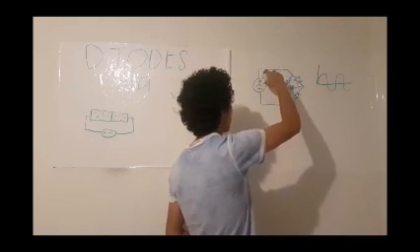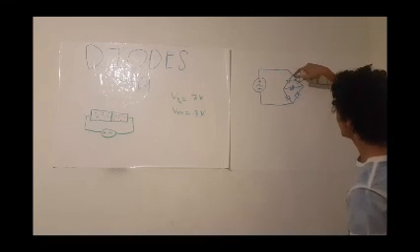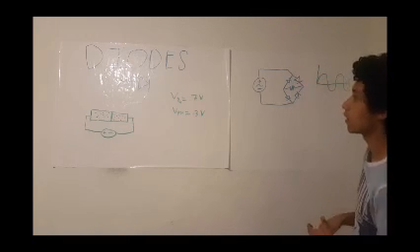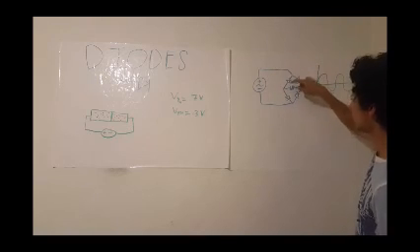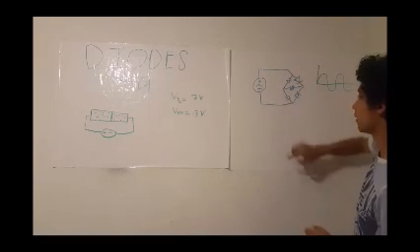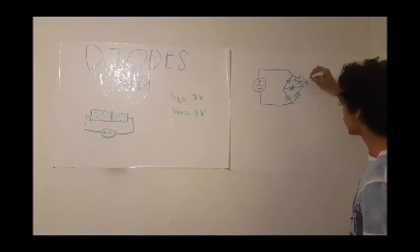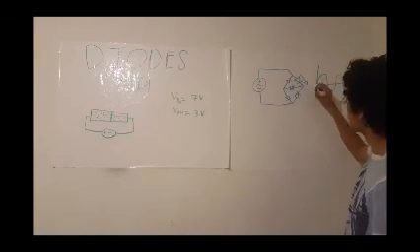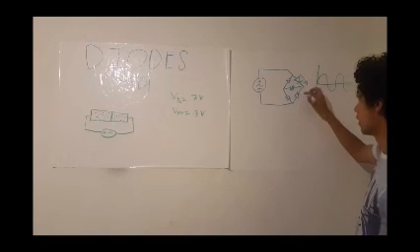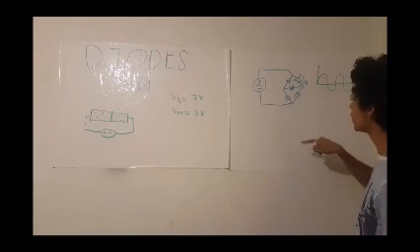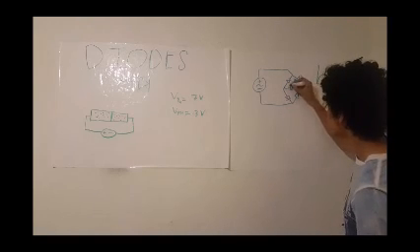We have the positive end here, so the diode that will conduct is this one and not this one, because this is positive with positive and positive with negative. This doesn't conduct and this does. So the current goes like this. Now the current can't go through this diode because here we have the negative, so it can only go through this resistor.